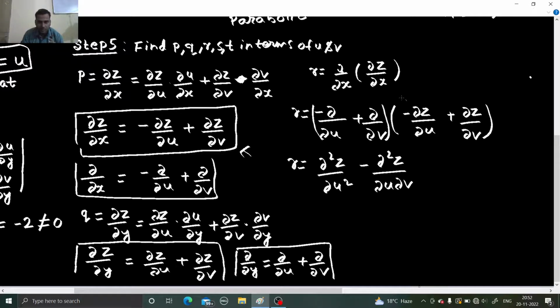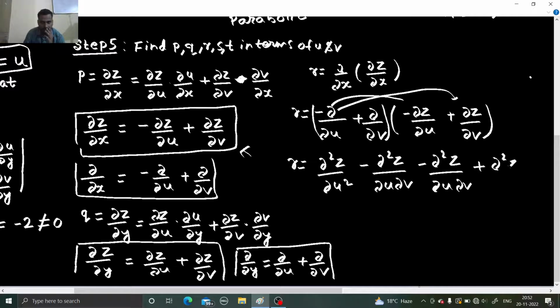Del by del u with this, then the same with this. So I will get minus del 2z by del u del v. Okay, fine. Then del by del v with both. So del by del v with this, if you do, you will get minus del 2z again del u del v. Then del by del v with the other one, so plus del 2z by del v square. So you got this. Okay. So you got R also.